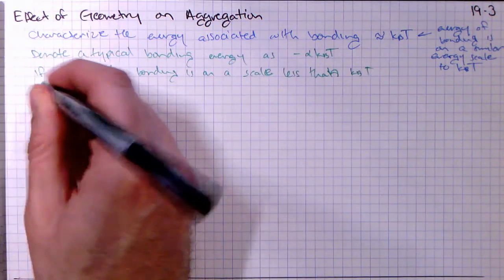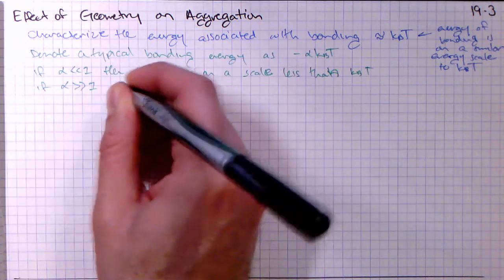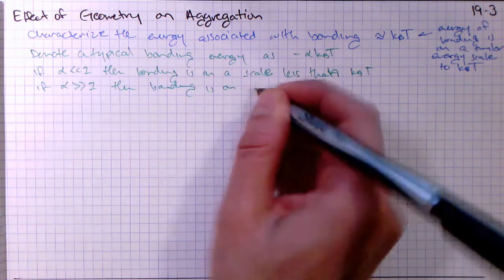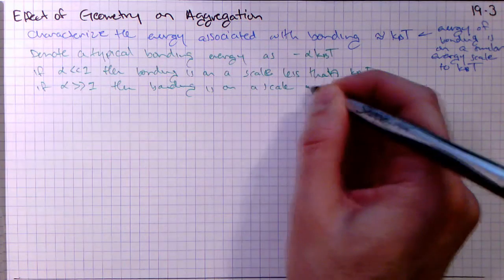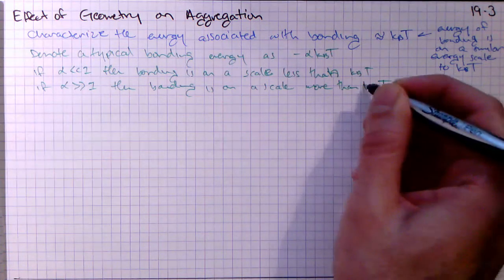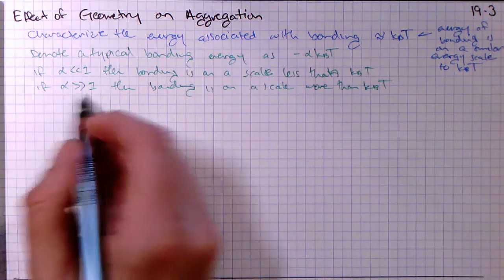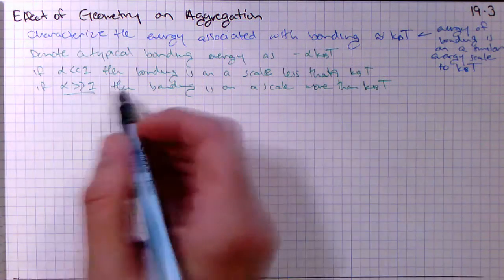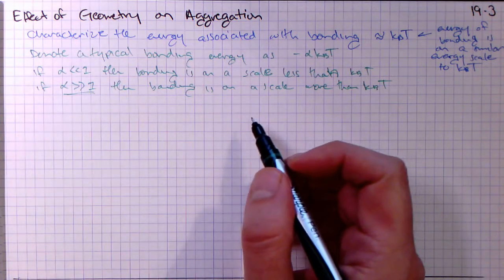And if alpha is much greater than 1, then the bonding is on a scale more than kBT. And if kBT is room temperature, then this would typically be the case for metals, but for amphiphiles, alpha would typically be somewhere around 1.